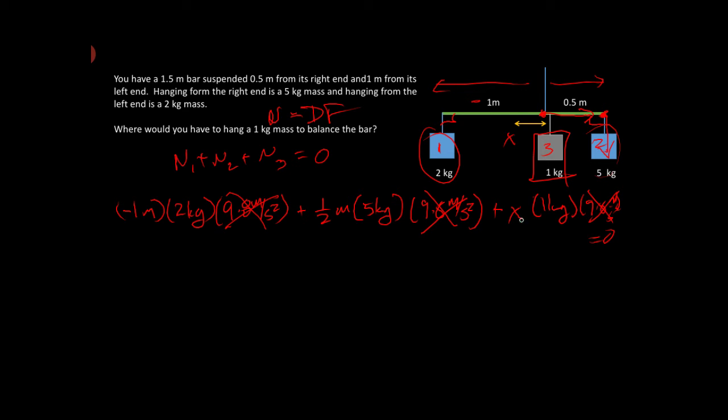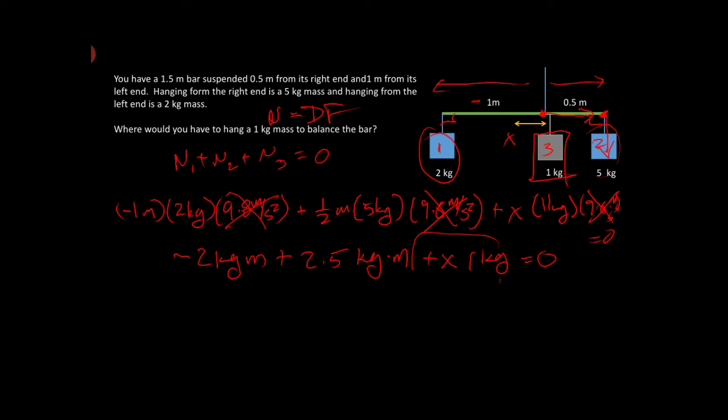So that means we have, if we multiply all these things out, minus 2 kilograms times meters, right, minus 1 times 2. And here we have 1/2 times 5, so that's 2.5 kilograms times meters. Plus, this is a positive number, plus x times 1 kilogram equals 0.